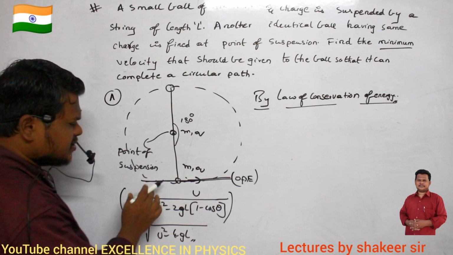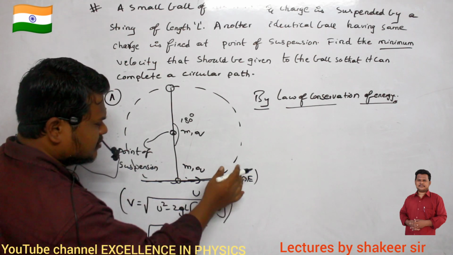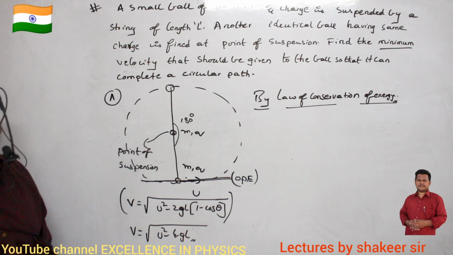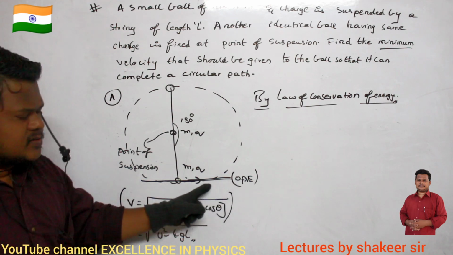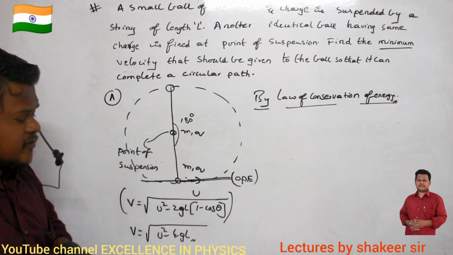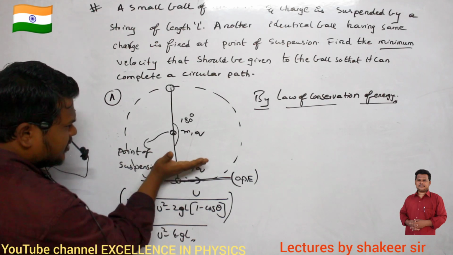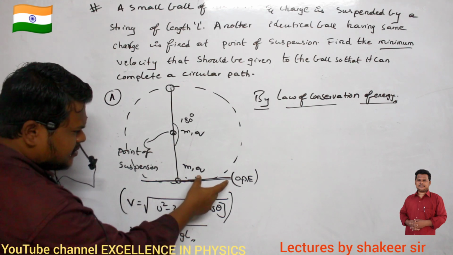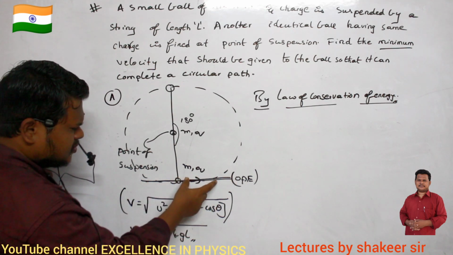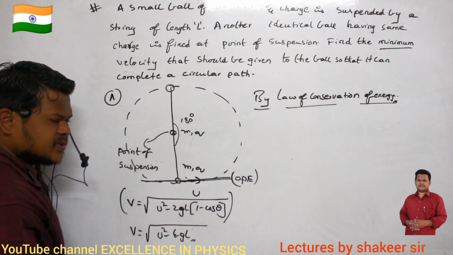It always depends upon the point you have taken to calculate the potential energy. So this point I have taken to be my zero potential energy, and every potential energy I will compare from this position only.